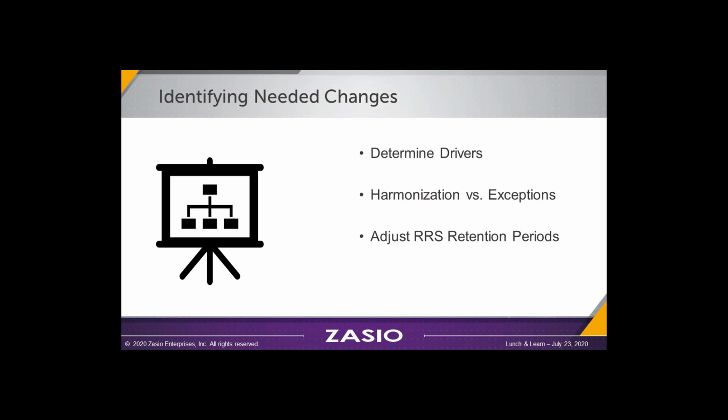So the determinations are determining retention drivers for the purposes of potentially creating a harmonized, whether it's a globally harmonized retention schedule, or what we're seeing now is even clients that have solely U.S. domestic schedules starting to look at potential state exceptions under some of the privacy issues that we're running into, and various exceptions.